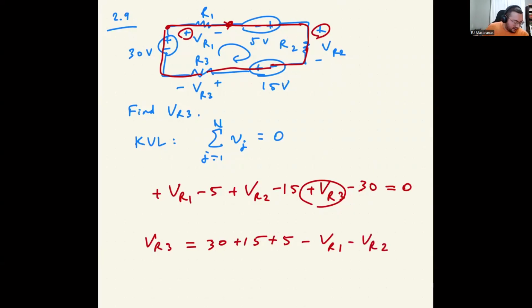It looks like in this case, they define those to be 18 and 12. So this is 18, this is 12. And so I can solve that. So this is 50 minus 30. So VR3 is 20 volts.